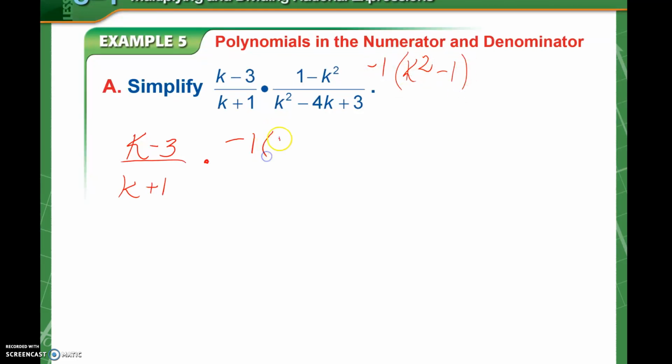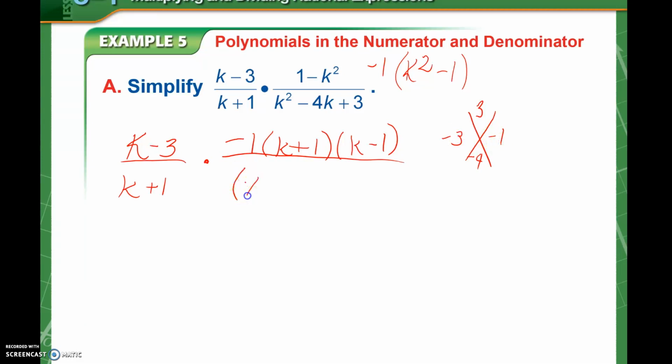That factors to k plus 1, k minus 1, because it's a difference of squares. And what multiplies to be 3 and adds to be negative 4? Negative 3, negative 1. So k minus, sorry, I always go back to x, k minus 3 and k minus 1.